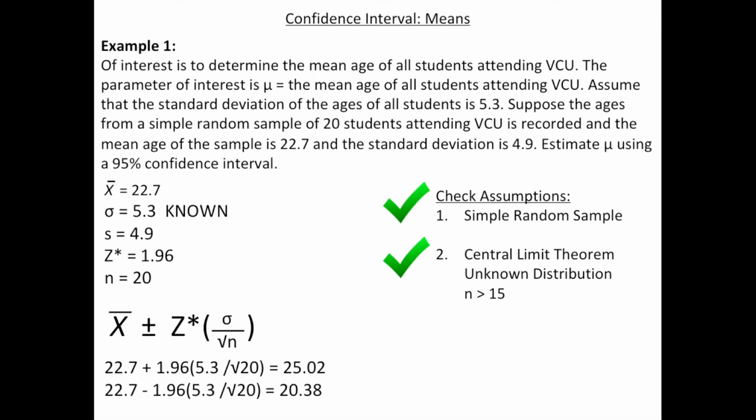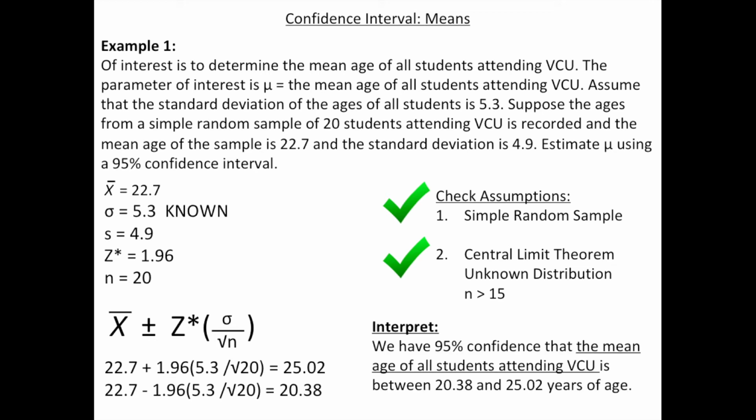However, if you do use the calculator, you actually don't have to compute the test statistic, and that's usually easier for students. So once you have your upper and lower bound, you just need to make sure you interpret the numbers. And so in these problems, we will state that we have 95% confidence that the mean age of all students attending VCU is between 20.38 and 25.02 years of age.